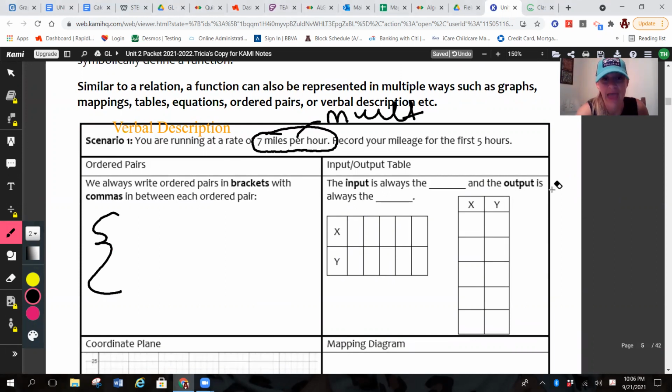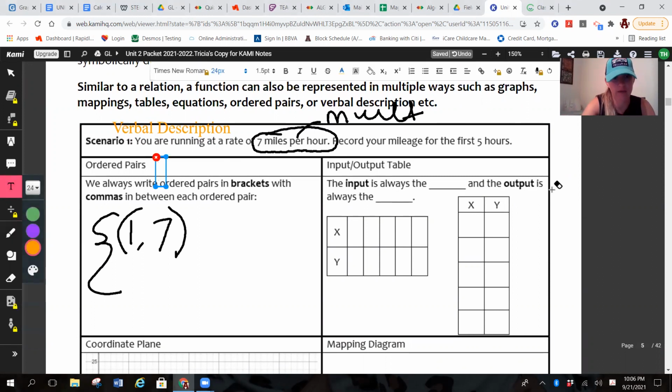So we have hour 1. After 1 hour, we would have ran 7 miles because it's 7 miles per 1 hour. So 7 times 1 is 7. So that is our first ordered pair. X equals hours.